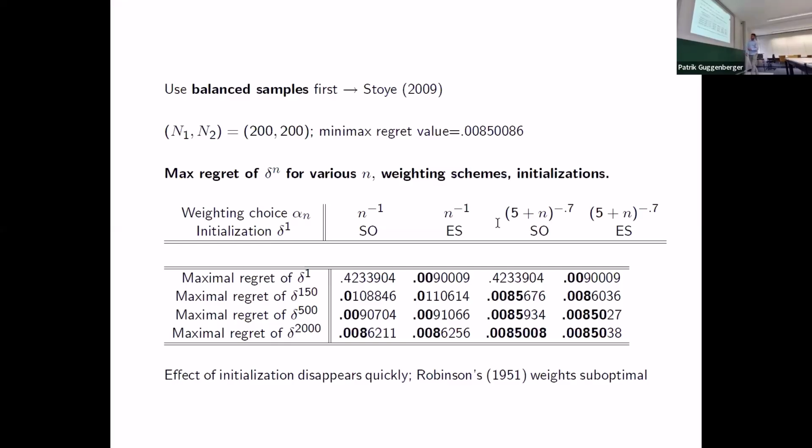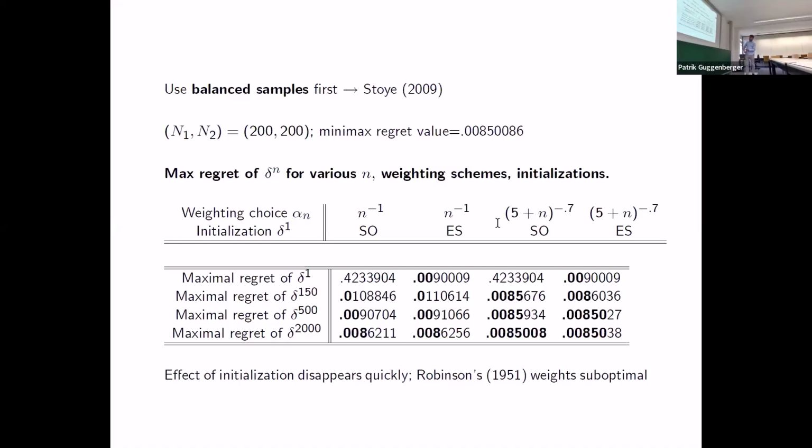What we also find is that the effect of the initialization disappears very quickly. Obviously, this is a very suboptimal initialization. It has gigantic maximal regret. But after 2,000 iterations, oftentimes starting off with the suboptimal initialization, you end up with a smaller maximal regret than when you start with something that seems reasonable, the empirical success rule, for example.